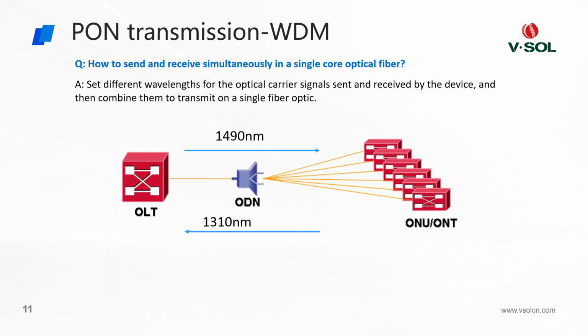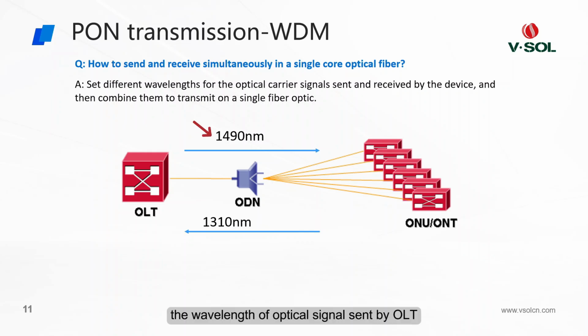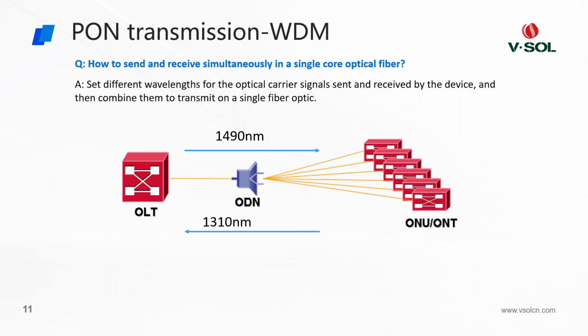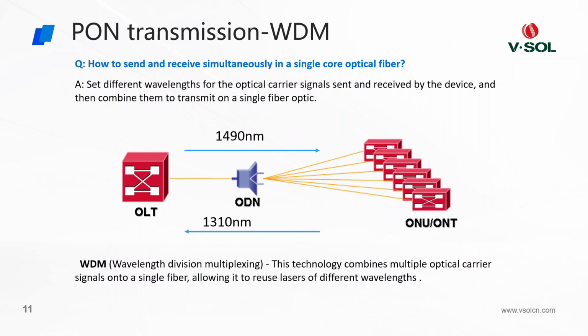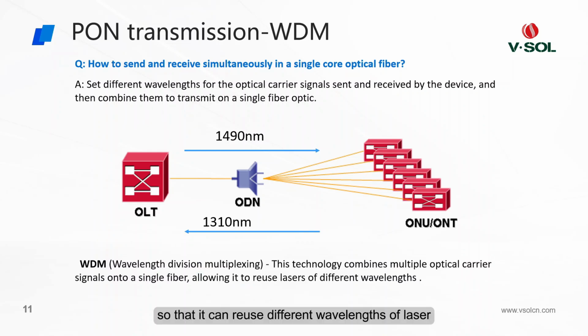As in the figure, the wavelength of optical signal sent by OLT to the ONU direction is 1490 nanometer, and in the other direction is 1310 nanometer, so that they will not affect each other when working on the same fiber. The combination of two or more different wavelength optical carrier signals into a single core fiber, so that it can reuse different wavelengths of laser, is wavelength division multiplexing, abbreviated as WDM.